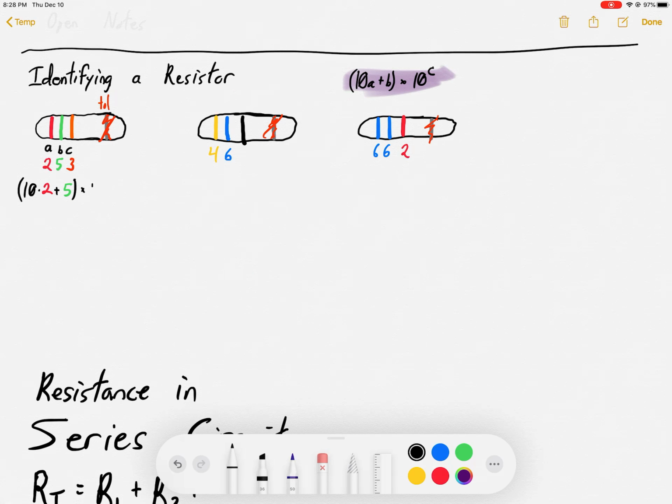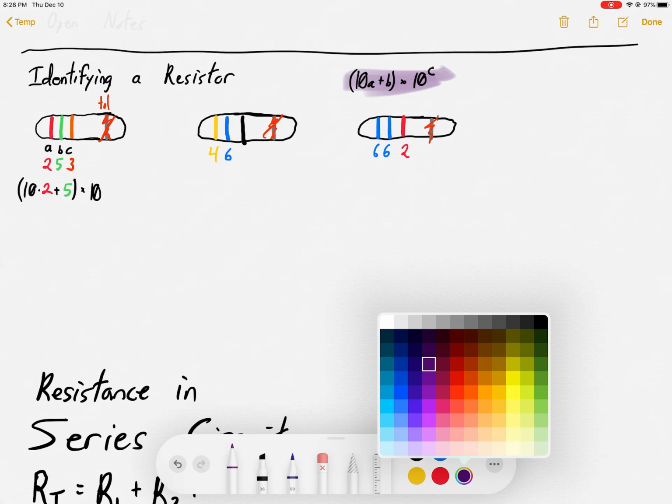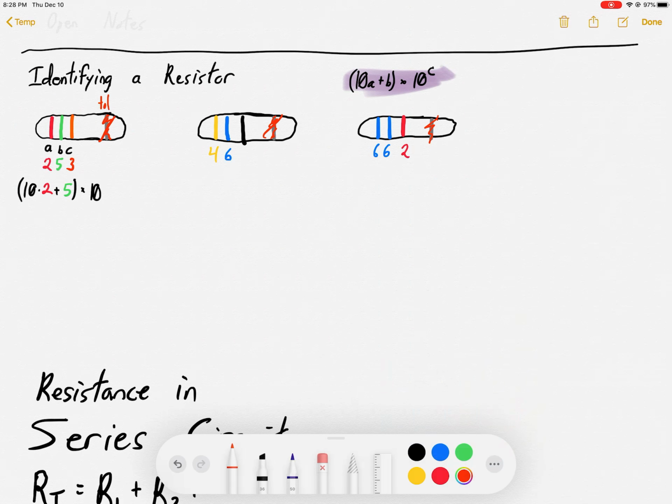And then this is times 10 to the power of 3. Okay. Now this would be the full formal way, but you're gonna see that there's a shortcut. There's going to be a shortcut to it. All right. 10 times 2. 10 times 2 is 20. All right. Plus 5.